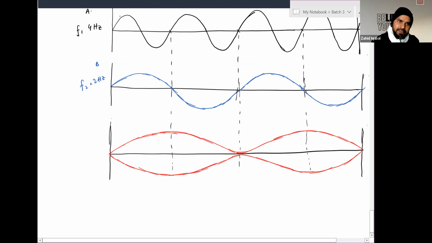Since in the first wave, the direction of the pulse is along this way and the direction of the other pulse is along this way, both of these will tend to add on each other.